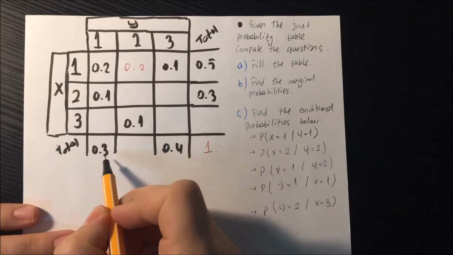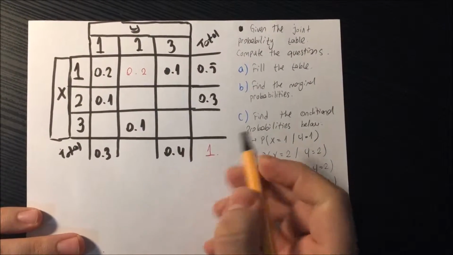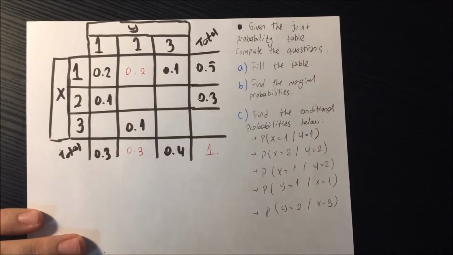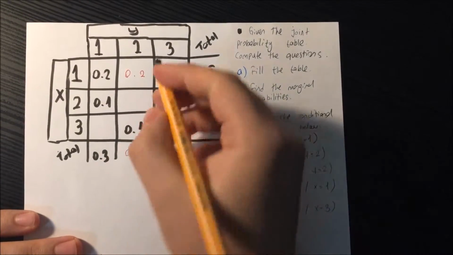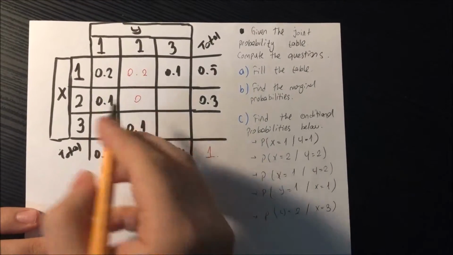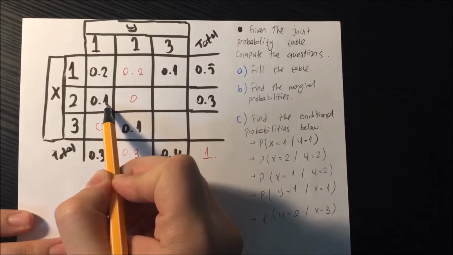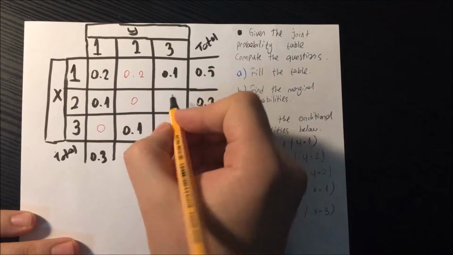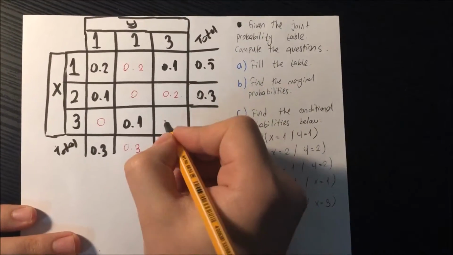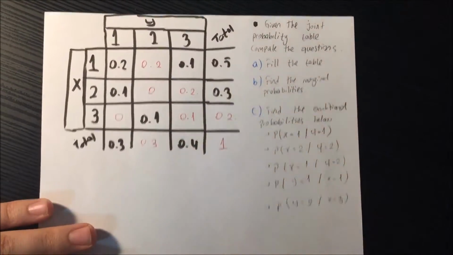Looking at that, 0.3 plus 0.4 minus 1 gives here, and in this column, here is 0, and after that here is 0, and 0.1 and 0.2, and here is 0.1, and here must be 0.2. Okay.